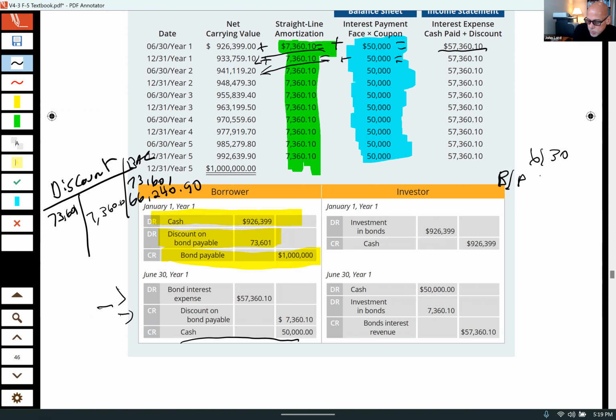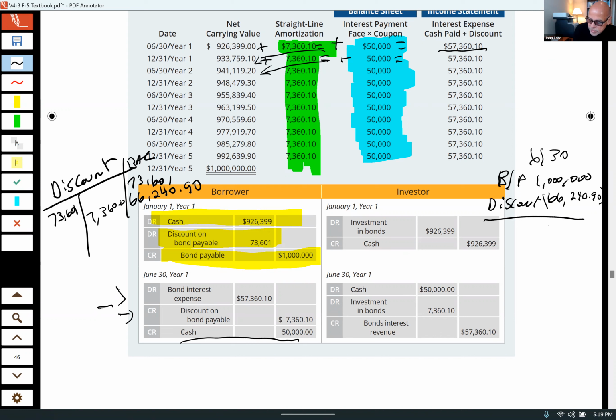And if you were to think what the balance sheet would look like on 6/30, the bond payable, of course, still has $1 million. Nothing changed there. Now the discount is 66,240. I guess I'm going to have to do the annoying 90 cents here.